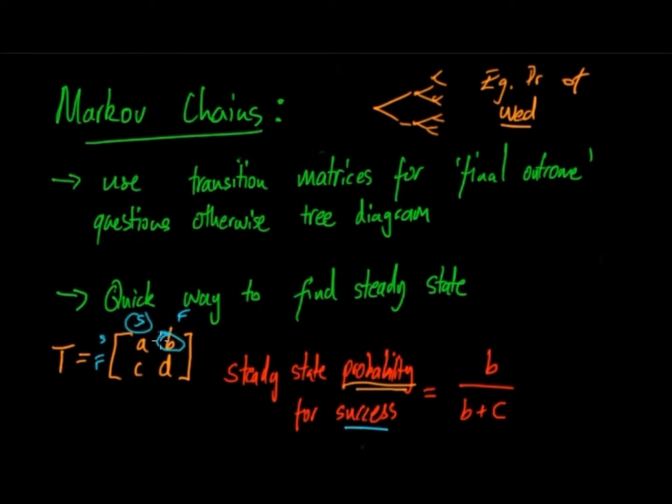Then you get B, and you put B on B plus C, and C is there. So the steady state probability for success is B over B plus C. If you want to look at some examples, you'll see how this actually works and what happens if you increase B. What does increasing B mean with regards to success? And if you increase B, what happens to the steady state?